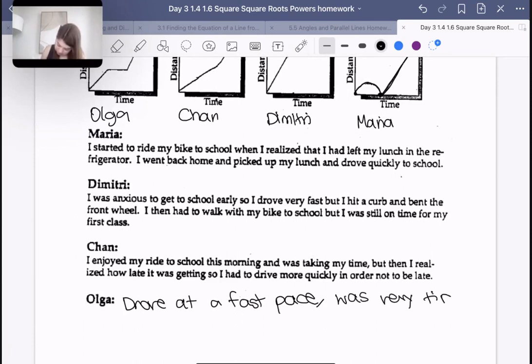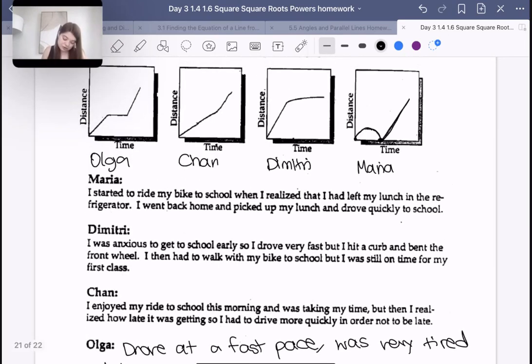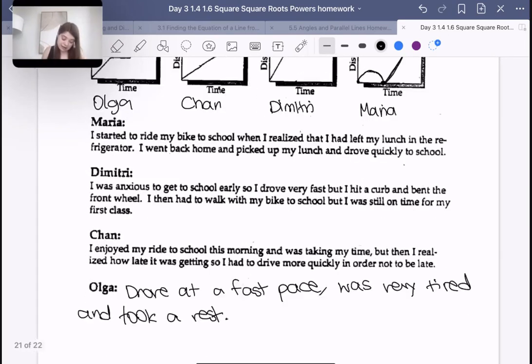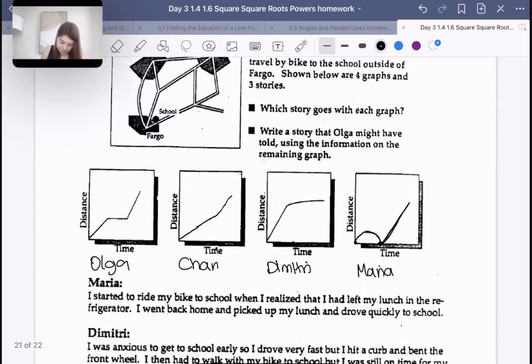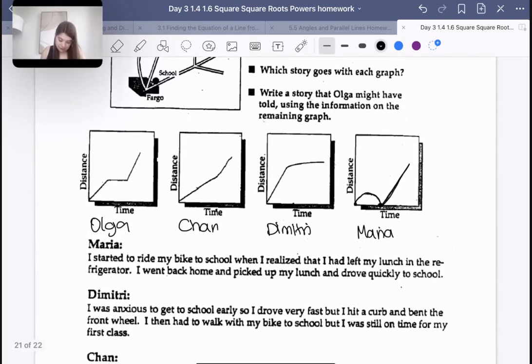So let's say she was very tired and took a rest. And then after she took the rest, she was rejuvenated and then she drove at an even faster pace. Very good. Awesome. All right.